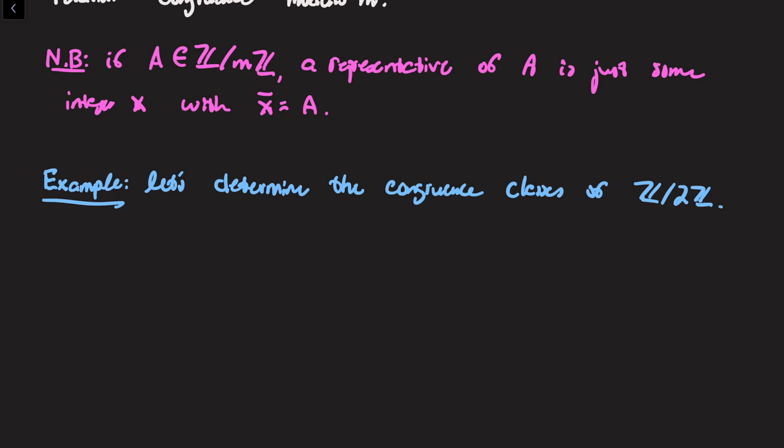A good first step here, let's just naively try and determine the congruence class of some element and see where we go from there. So maybe it's natural to try to find the congruence class of 0.